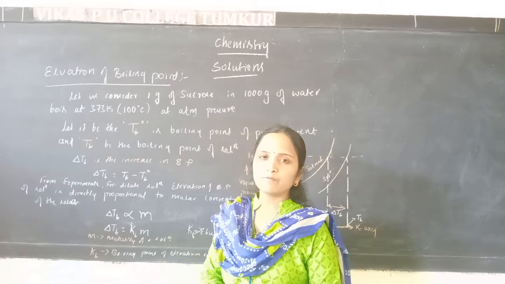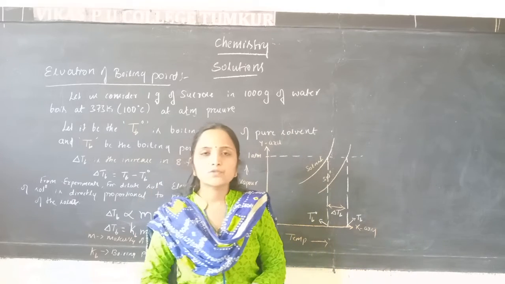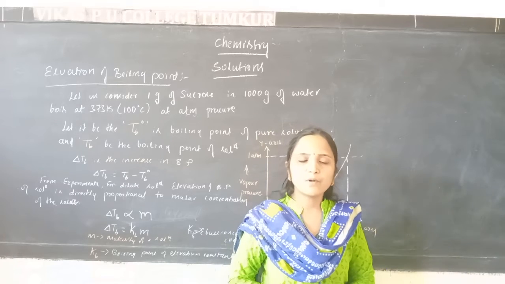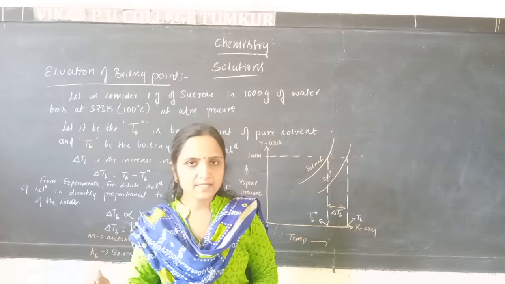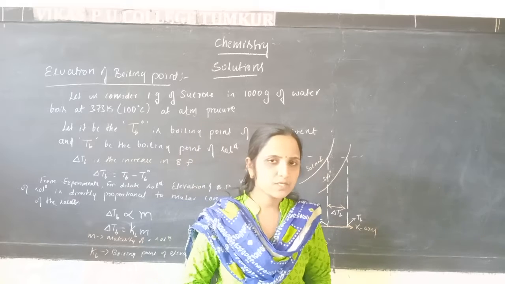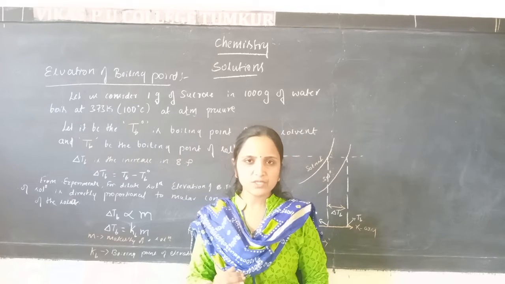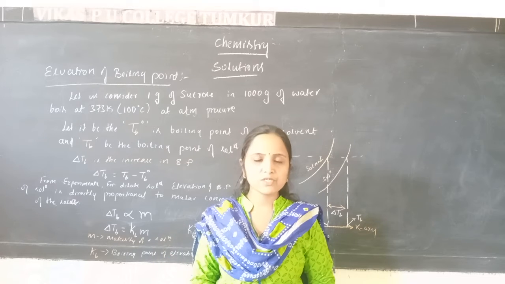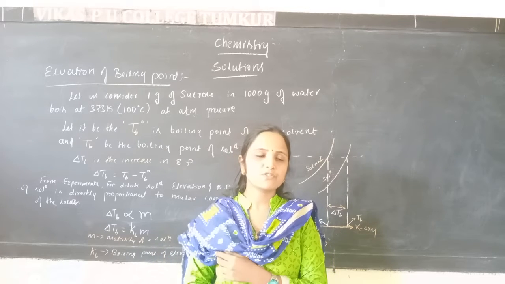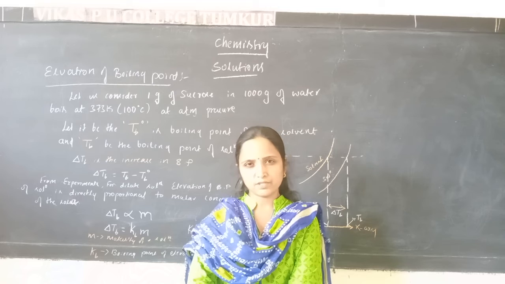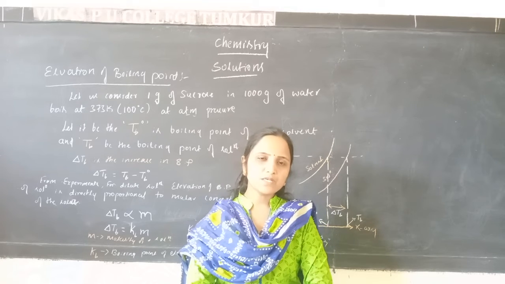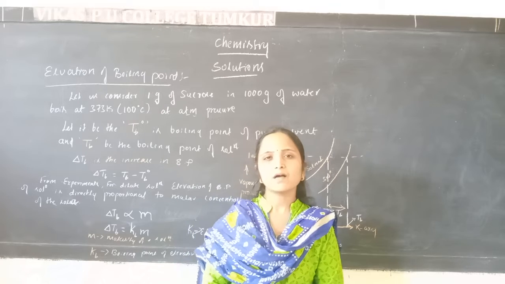Before going to that, we should know what is meant by the boiling point of a liquid. The boiling point of a liquid is defined as the temperature at which the vapor pressure of the liquid becomes equal to the atmospheric pressure.